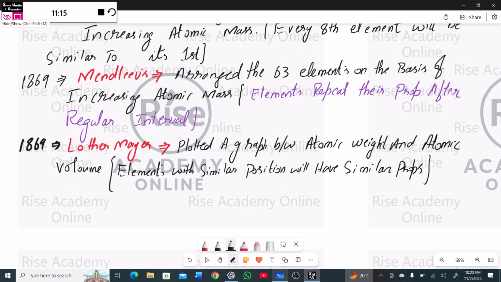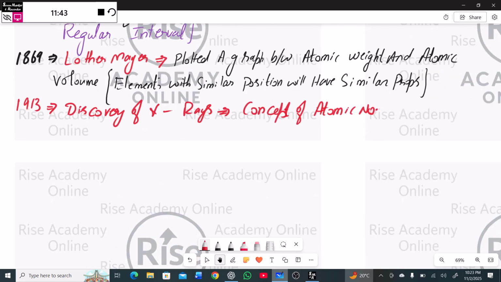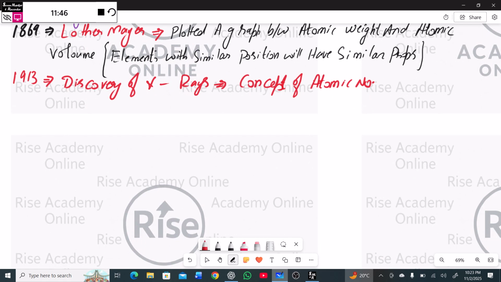It flopped very early. So in 1913, a major development was the discovery of X-rays and the concept of atomic number. After that, the whole scenario changed. Now the periodic law also changed.